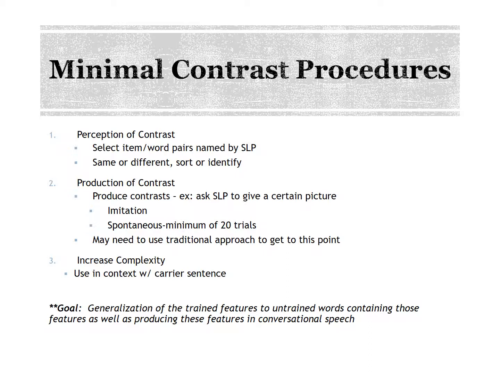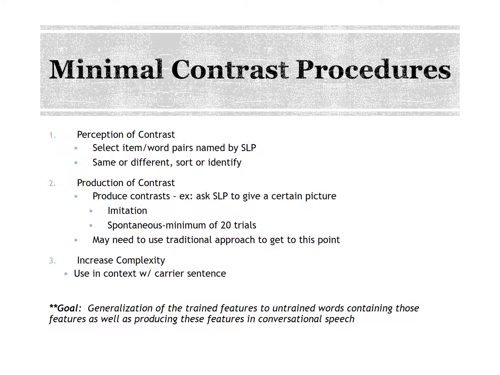The second step is the production practice phase. In this step, the child is required to verbally produce the selected minimal pairs. So they're not required to do any verbal response within the perceptual or auditory step, but here with the second step is where that verbal requirement comes in.